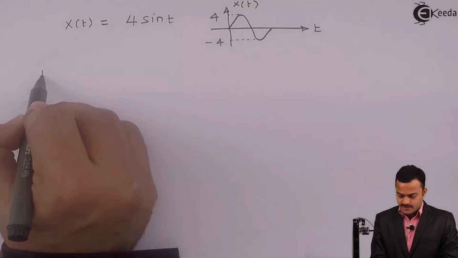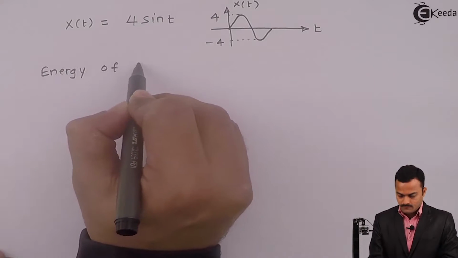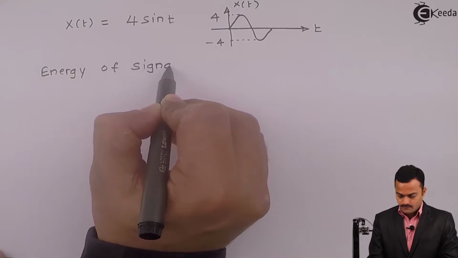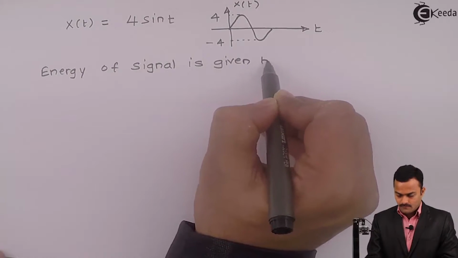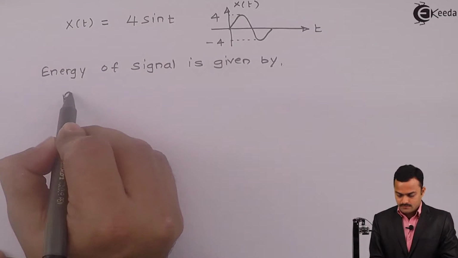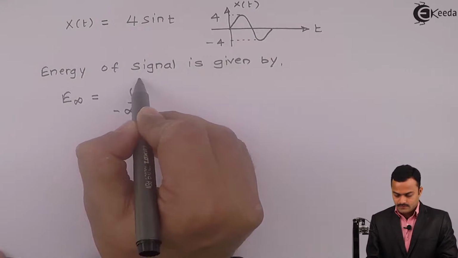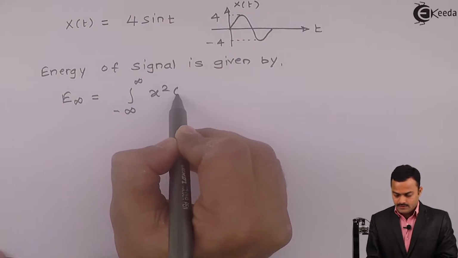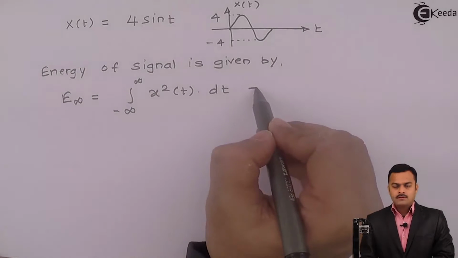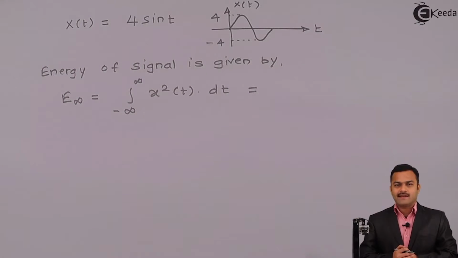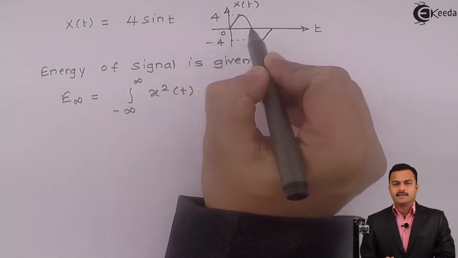So the energy of signal is given by E infinity equals integral minus infinity to infinity x square t dt. There is no standard function given like a step which will restrict the signal to be taken from 0 to infinity.